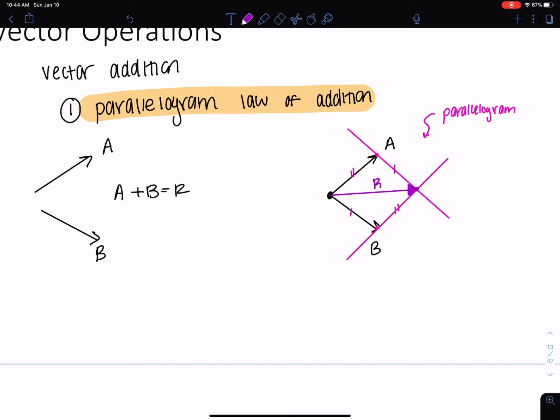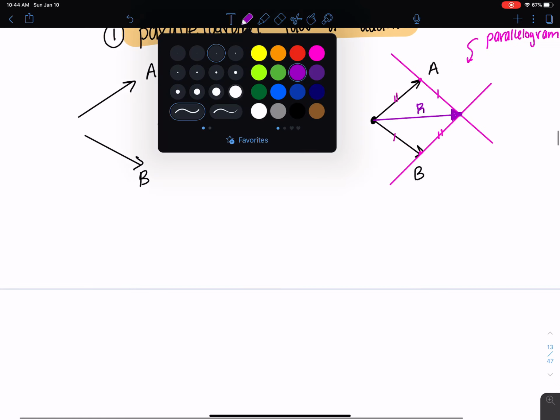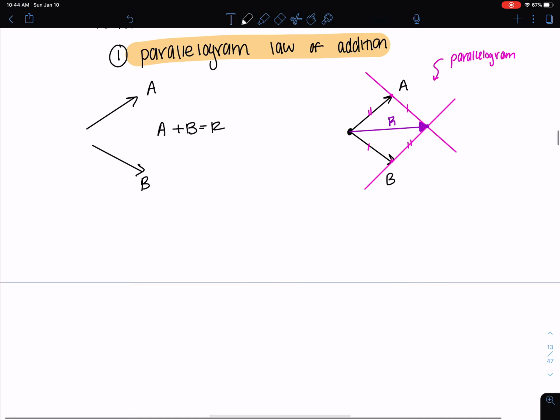And the other rule that we can use, rule 2 I'll call it, is the triangle rule of addition. It's very similar, but as you can predict, it's going to be using a triangle. Triangle law of addition.